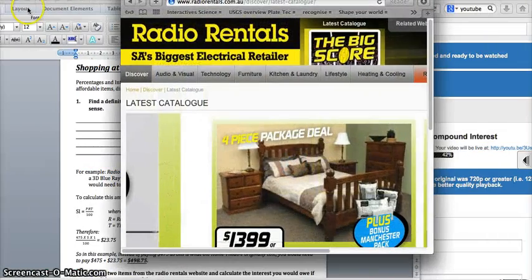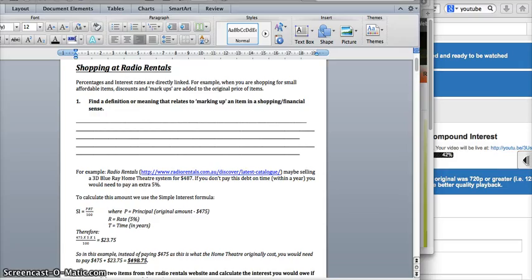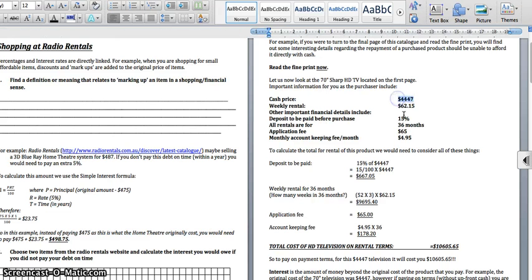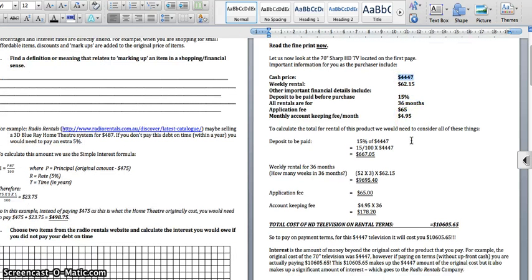However, as you'll see in the example, when you go through the process, you'll actually find that something costing $4,447 ends up costing you $10,605. And it's because of this. The cash price for this Sharp TV was $4,447, right?